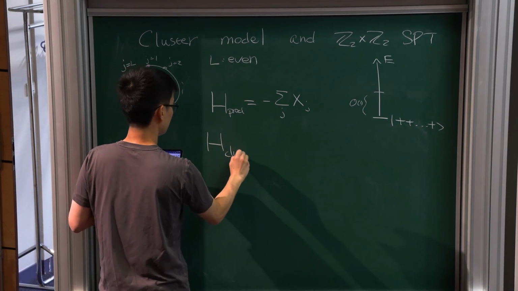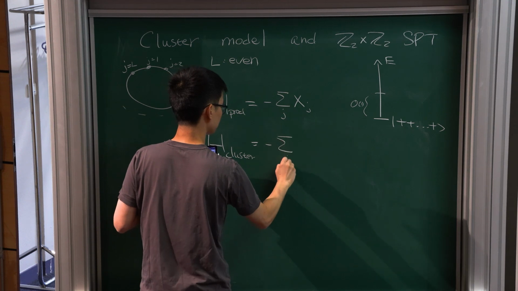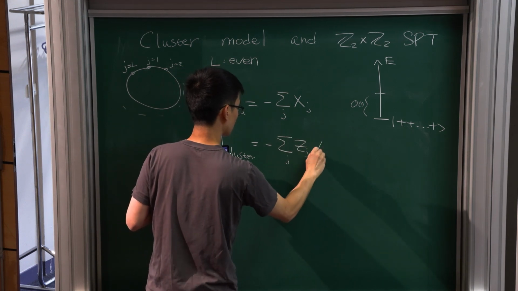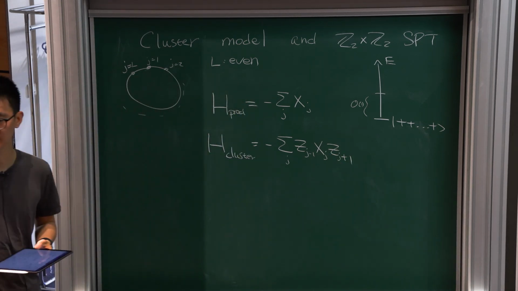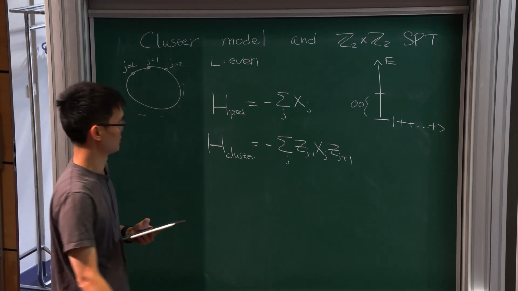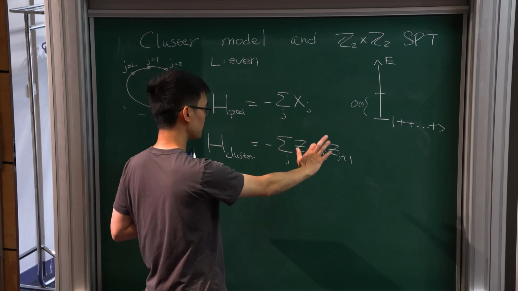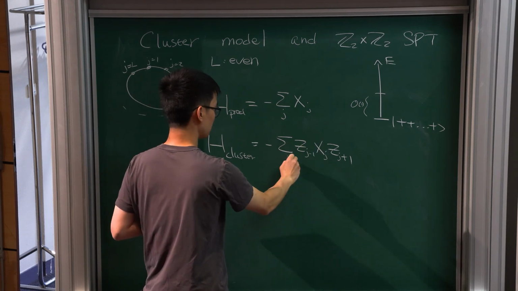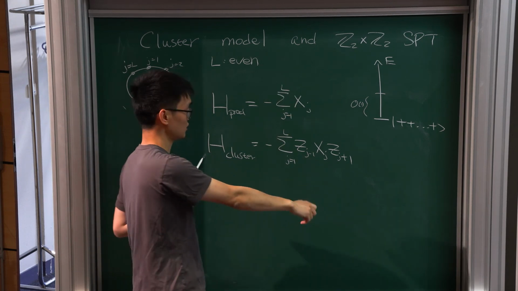The second Hamiltonian is what I call H cluster. It takes this form. It looks slightly more non-trivial, but it's actually not that non-trivial. So let's make a few comments about it. First of all, we have L terms in the Hamiltonian.